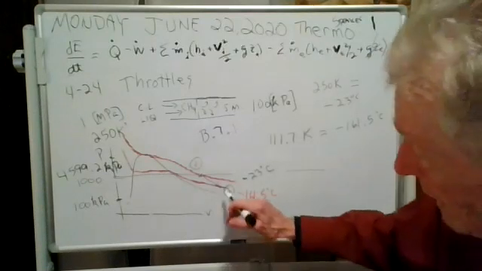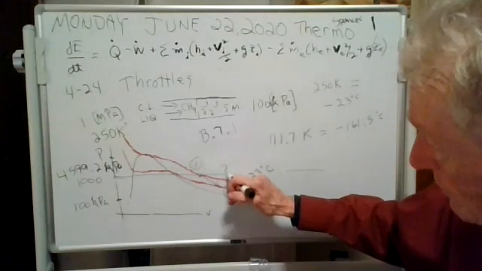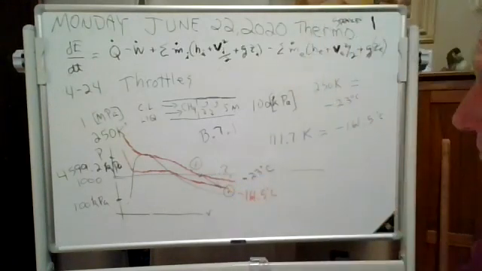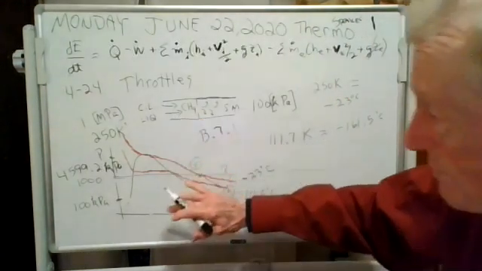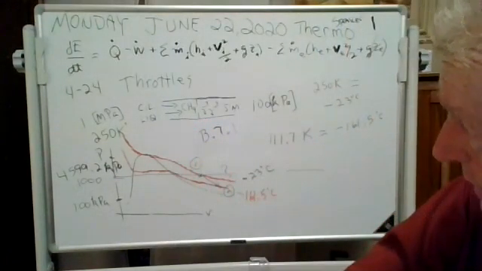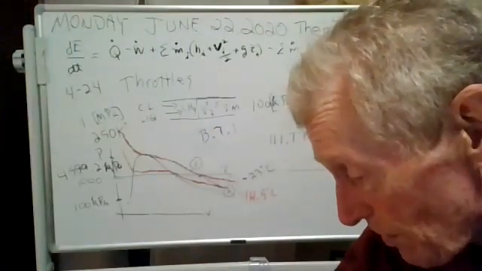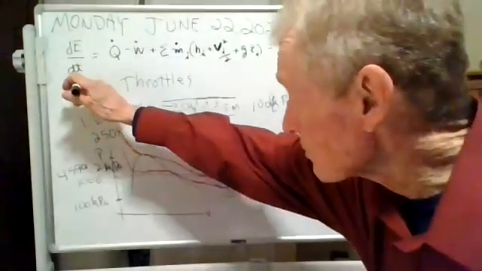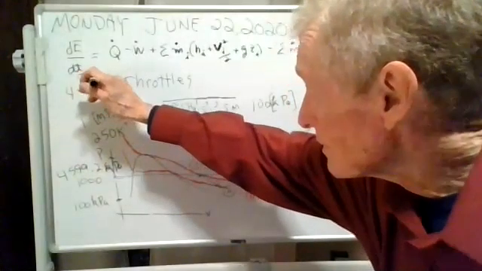Well, to be honest with you, I'm not really sure about my process yet, but I'm not ready to give up. We've drawn our device sketch. We made an attempt at drawing our process on a PV diagram. Now let's do the first law. Now, when you do the first law, this is going to be 0. This is 0.